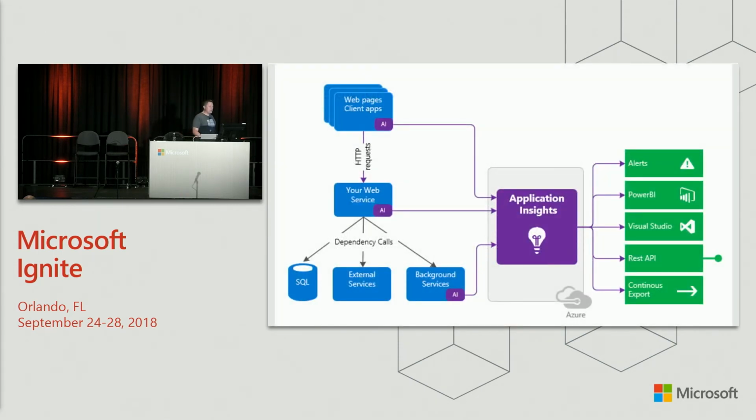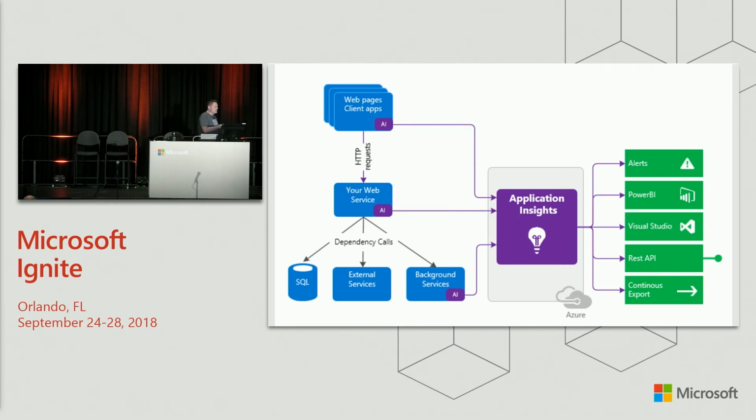So here's an example. We have maybe some web pages or web apps and client applications. We've put Application Insights inside of those applications, so we've already instrumented them. We went into the code and added our little snippet. Maybe a web service, an API of some sort, however we have that hosted, maybe some background services. Those background services might be running on-prem. And it's going to send all of that telemetry to Application Insights.